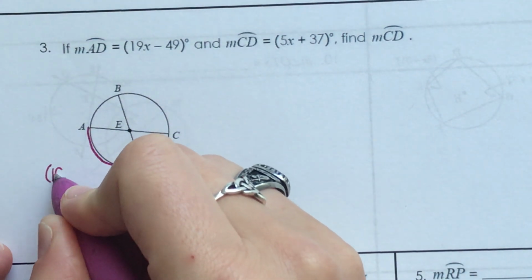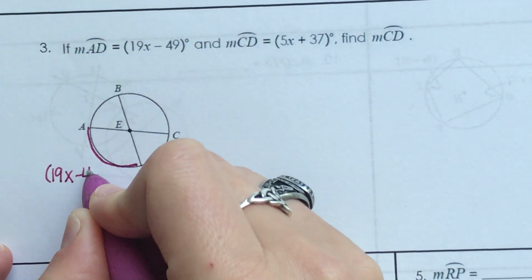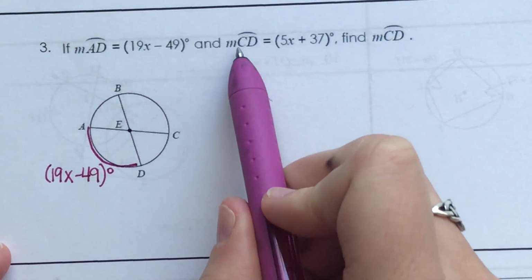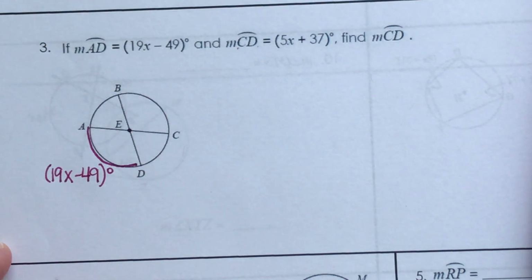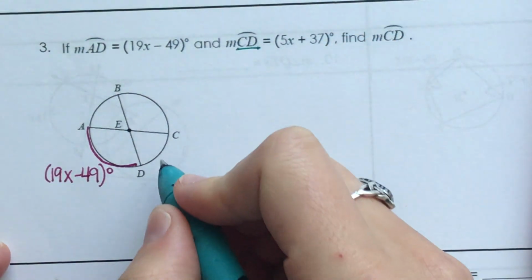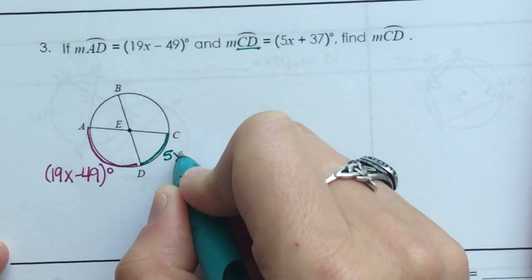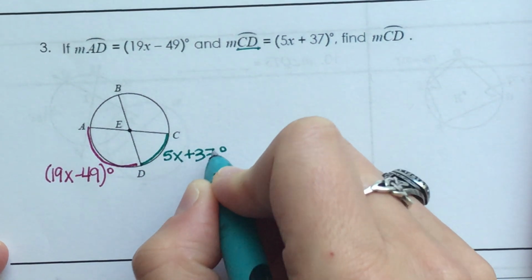So I'm going to plug that in or mark it on my picture. The other one I know is CD, in a different color here. CD is right here. This one is 5x plus 37 degrees.